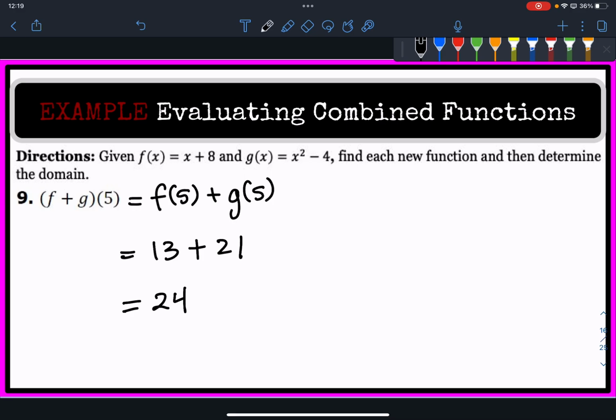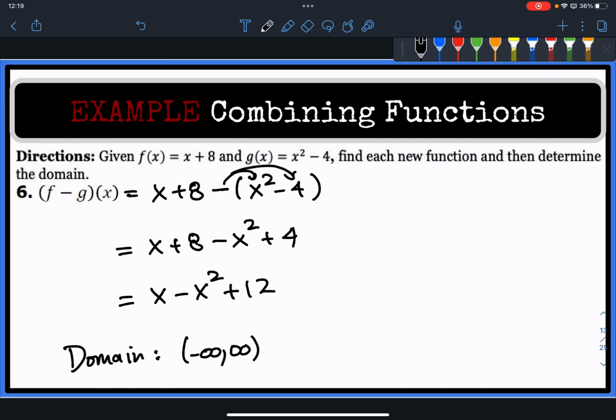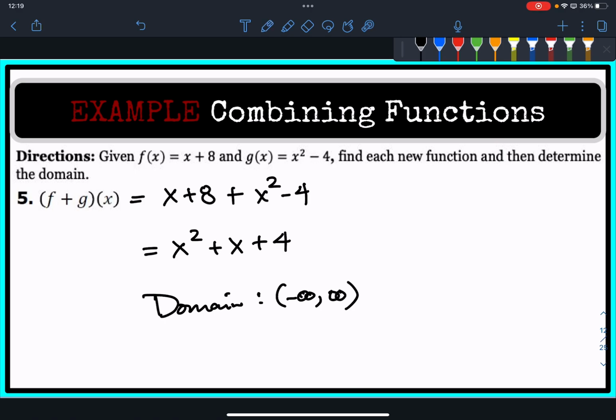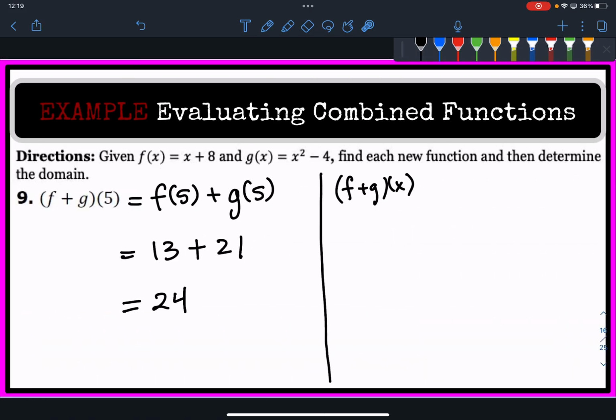Now I can also do it this other way, because I already know from example number 5 that adding these two, let me go back to it, that adding f and g is equal to x squared plus x plus 4. So getting this f plus g of 5 simply means that I replace the x with 5 in the sum of these two things.